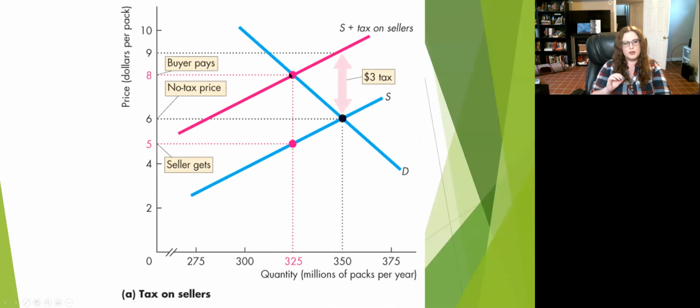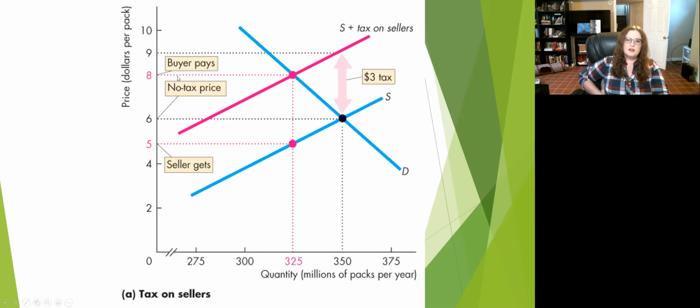If we take this new equilibrium and trace it over to the price, the price that the buyer is going to pay is $8. That means these $6 cigarettes are now $8. We see that because that's the difference between the equilibrium price before the tax and the equilibrium price after the tax. Now let's look at what happens to quantity. The quantity of cigarettes does go down. Originally 350 million packs were sold, and now it's 325 million.